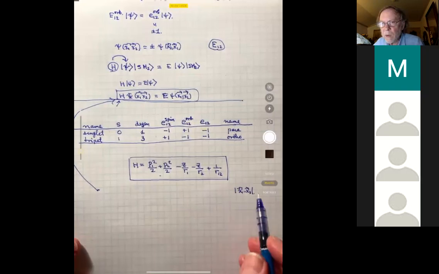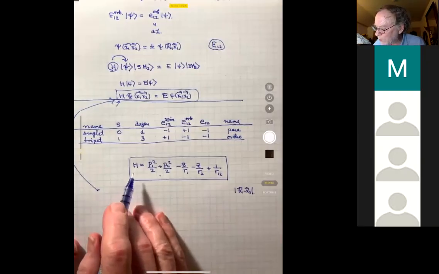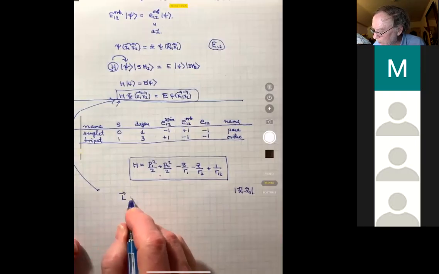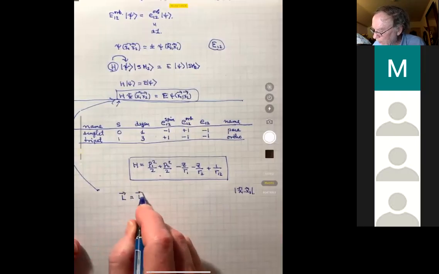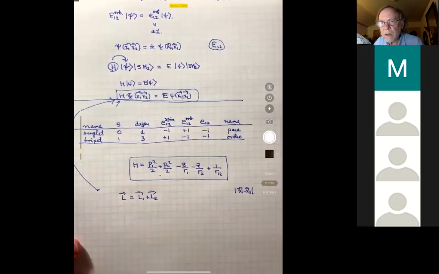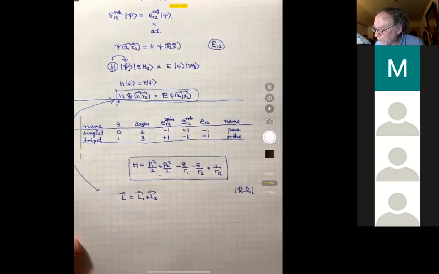It's the square root of the square of the vector x1 minus x2. And so this Hamiltonian commutes with rotations. The rotations in general are orbital rotations, which are generated by L, the orbital angular momentum, which is the sum of the orbital angular momentum of the two electrons. This Hamiltonian commutes with this L.